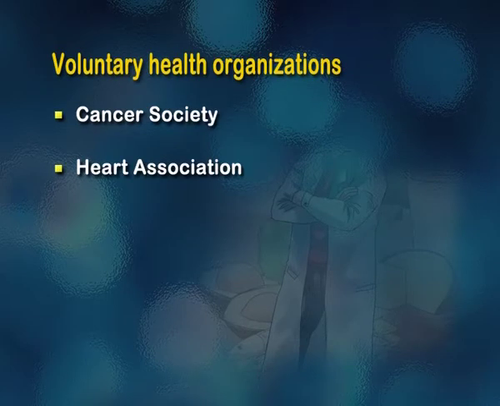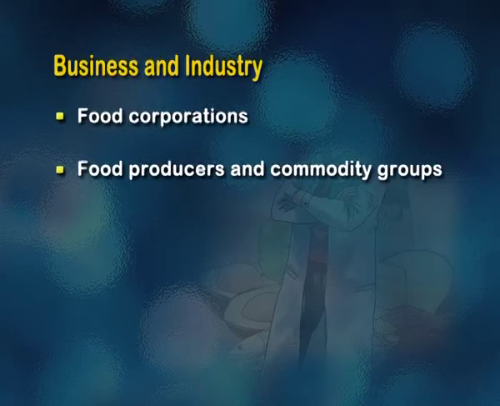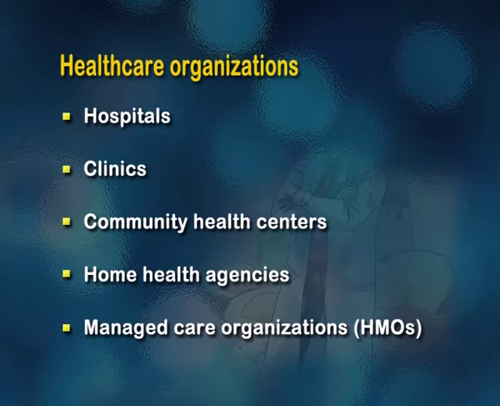Community not-for-profit organizations such as voluntary health organizations, cancer societies, heart associations. When it comes to business and industry, they can work in various food corporations, food producers, and commodity groups. Coming to the healthcare organizations, they can work at hospitals, clinics, community health centers, home health agencies, and also managed care organizations.